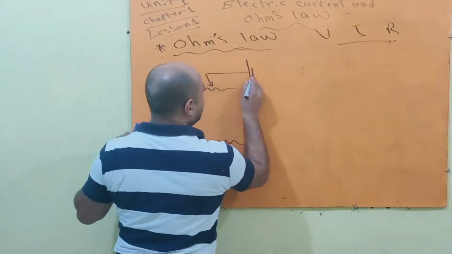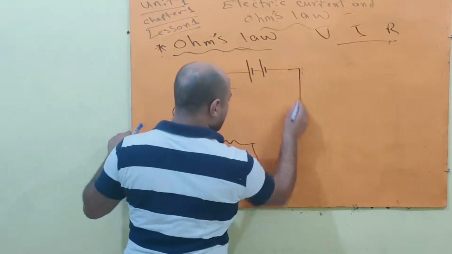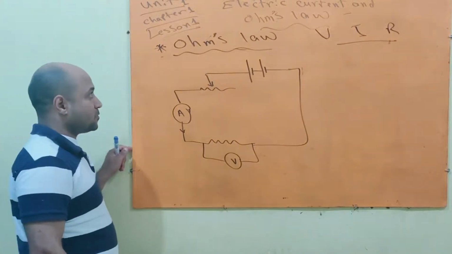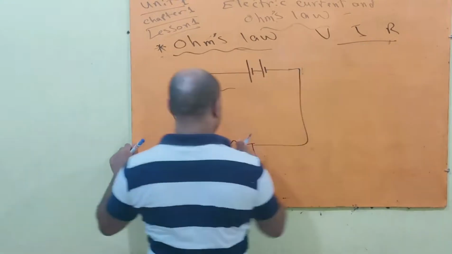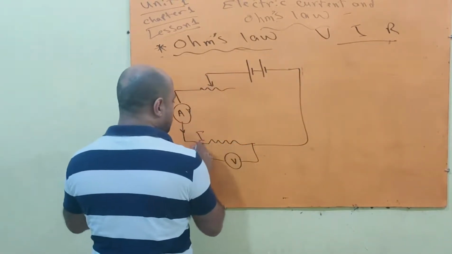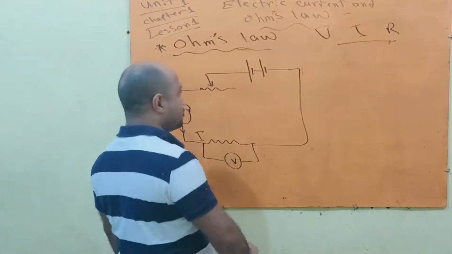This circuit is called Ohm's circuit, used to study the relation between the potential difference between the two terminals of the conductor, the electric current that passes through this conductor, and the resistance of the conductor.